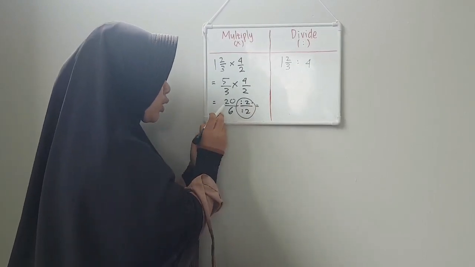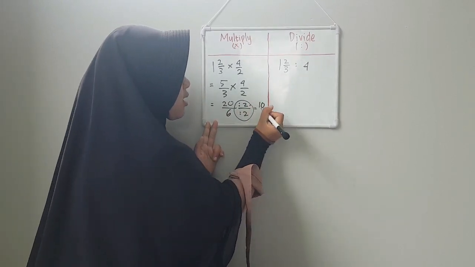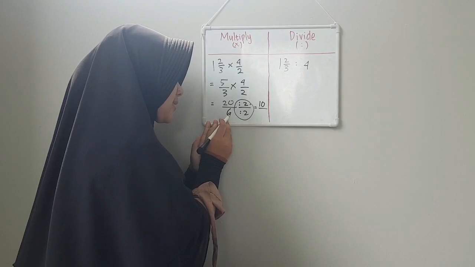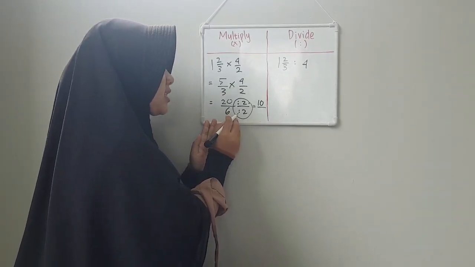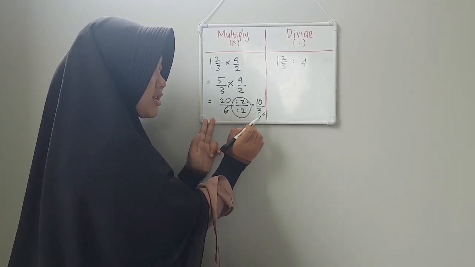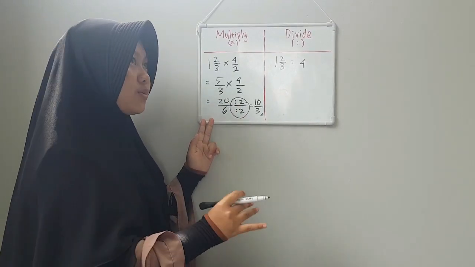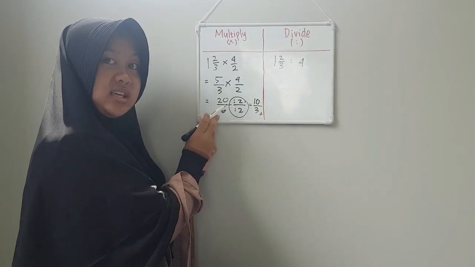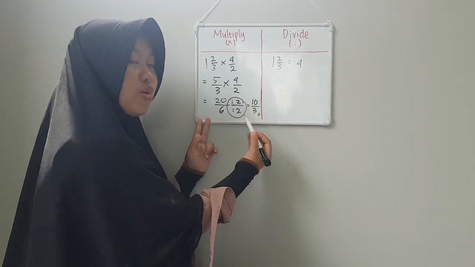So 20 divided by 2 becomes 10, over 6 divided by 2 becomes 3. So 10 over 3 is the simplified fraction. We can say that 20 over 6 equals 10 over 3.